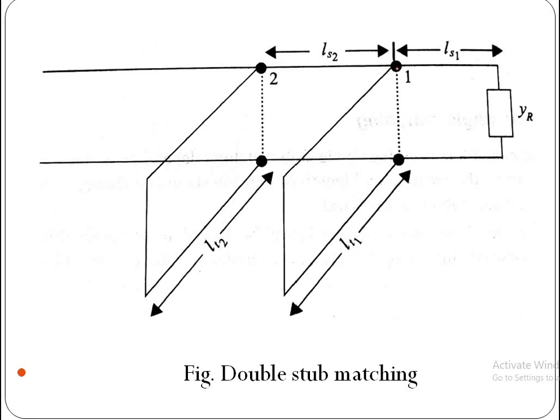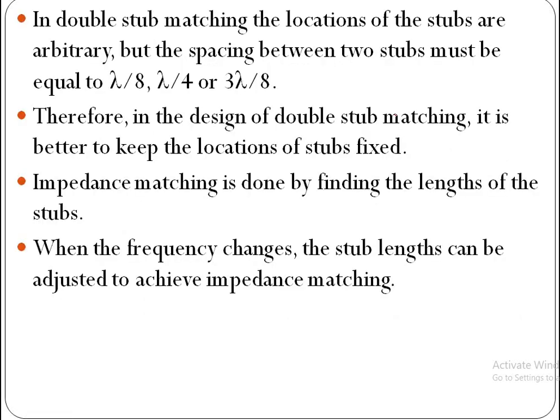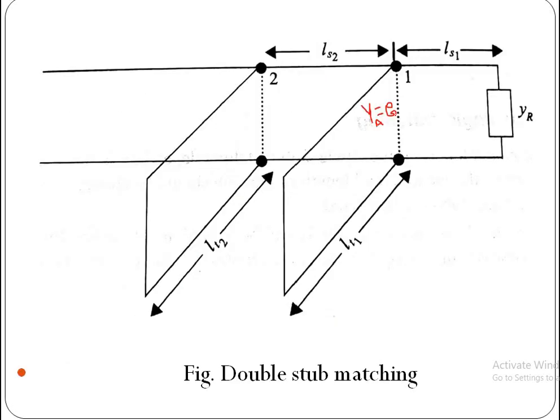The input admittance at the location of first stub. Before connecting this first stub, the input admittance at point 1, which is YA, is equal to small GA plus J BA.